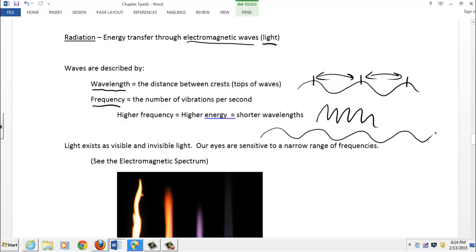How many times they vibrate per second. And just the action of making high frequency waves takes a lot of energy. Well, that's true for light too. The higher that light vibrates, or the higher its frequency, the higher the energy. And by definition, if it's vibrating very quickly, the tops of those crests are really close together. They're really short. So you get short wavelengths.